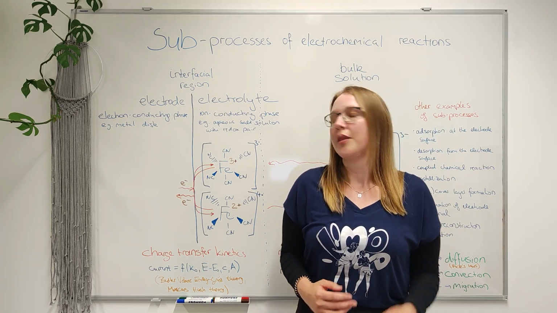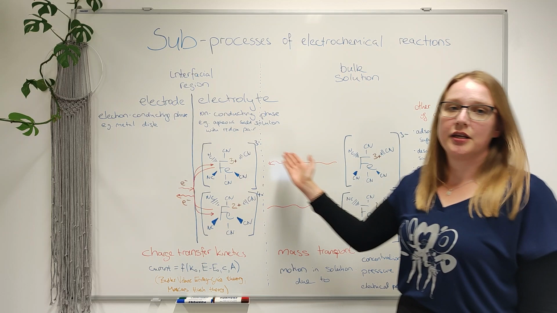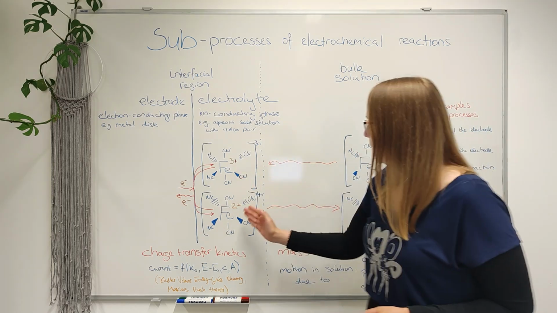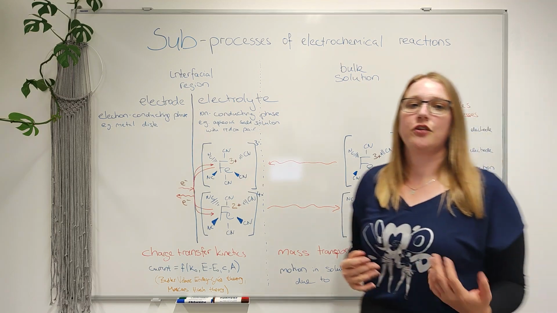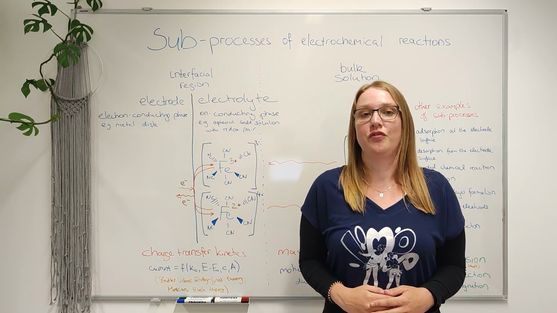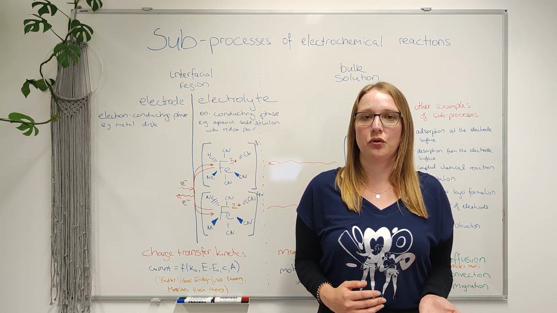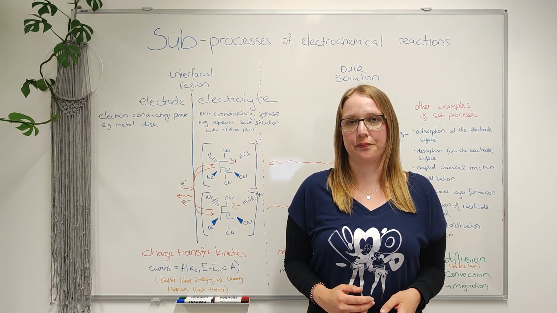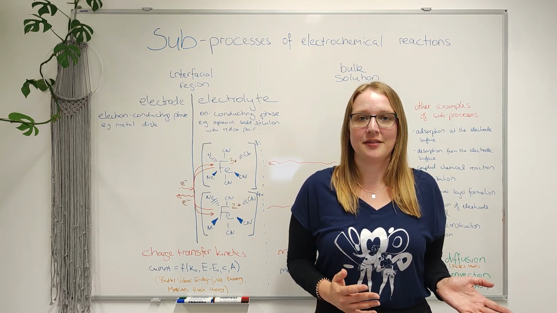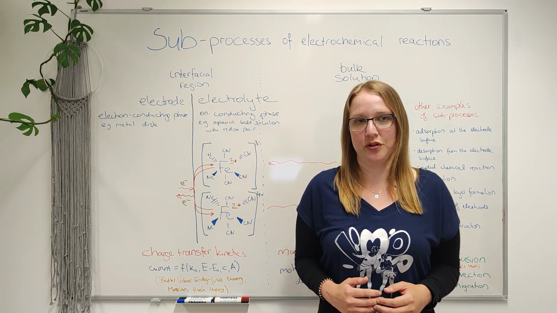In consequence, the oxidized species is transported to the electrode, and the product species formed are transported away from the electrode to the bulk solution. Concentration profiles are formed between the electrode surface and the bulk solution, and diffusion occurs. Such sub-processes involving the movement of ions are generally referred to as mass transport.